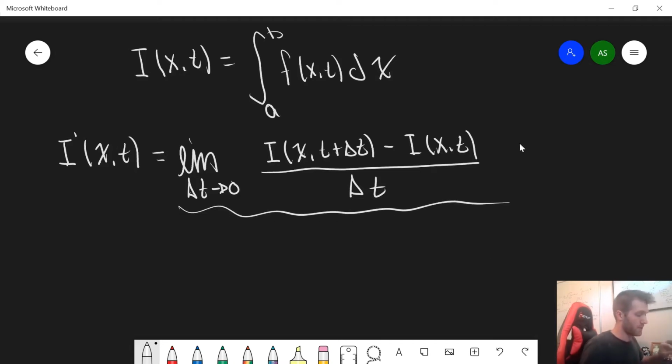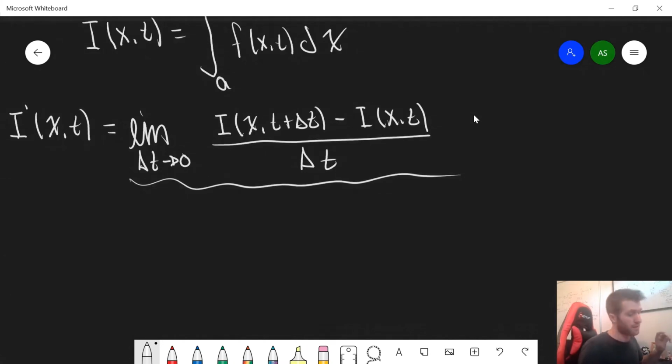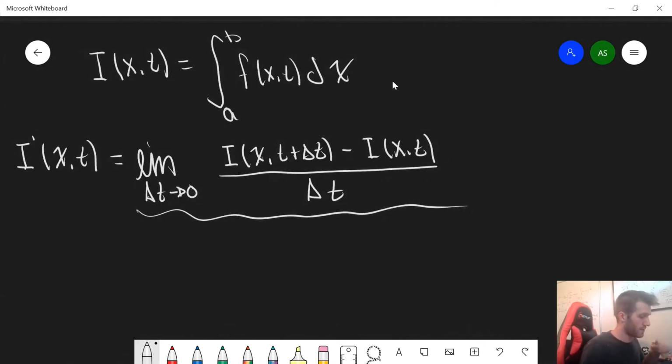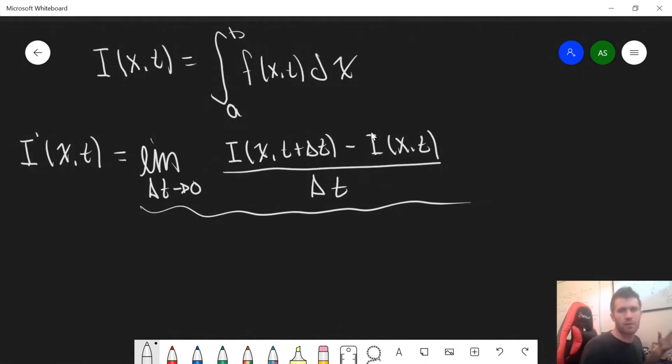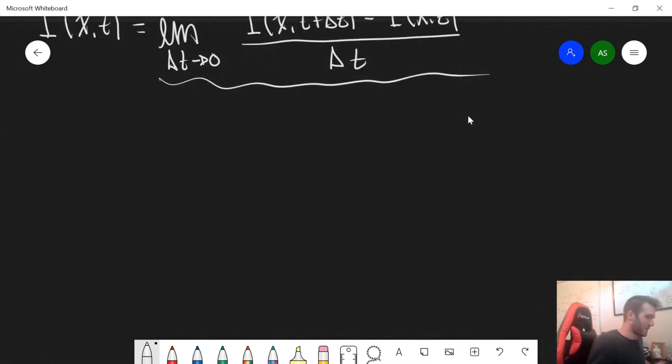Now what we want to do is construct our limit definition of this function right here. And to do that, we need to adjust our boundaries. So what we're going to have is this equal to our limit as delta t approaches 0, and our limit definition here we're going to have here.